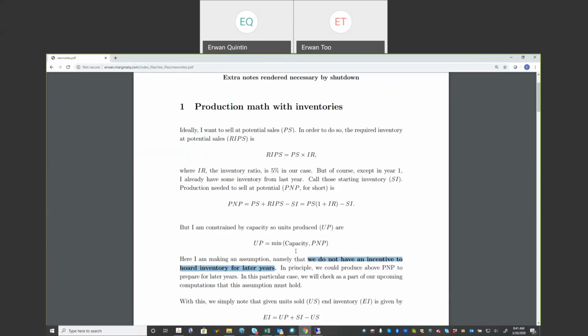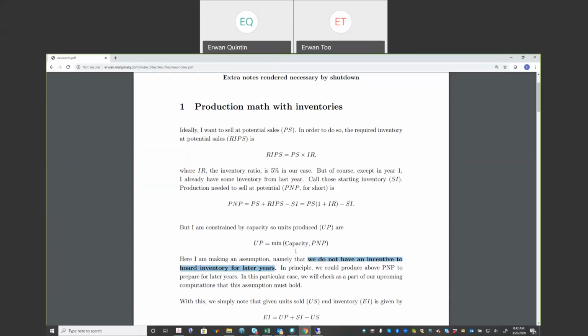And there could be several reasons for this. One, it could be that I expect capacity to be a binding constraint down the road. I know I'm going to be production constrained. So today I just want to ramp up production and start hoarding inventories. We will argue soon that that is not the case in our case. No incentive to do that.